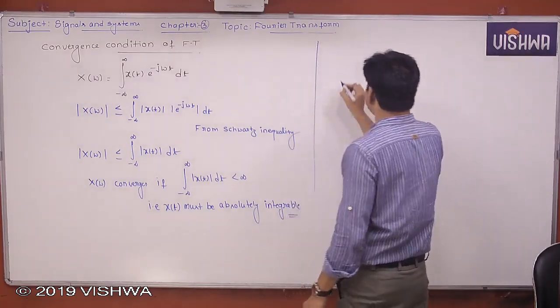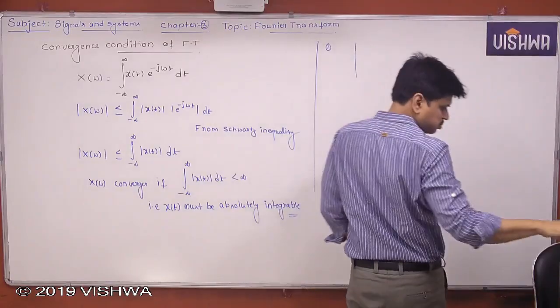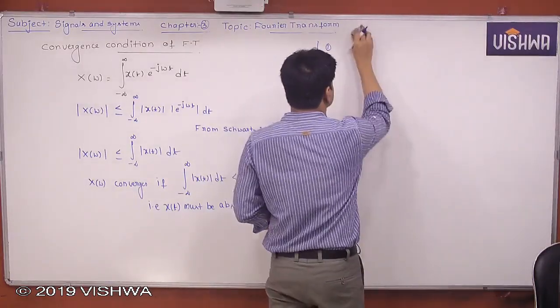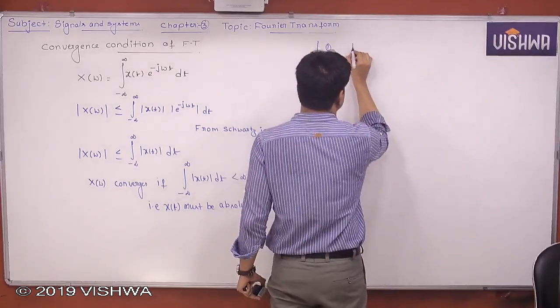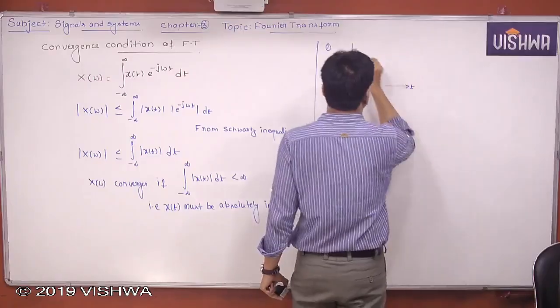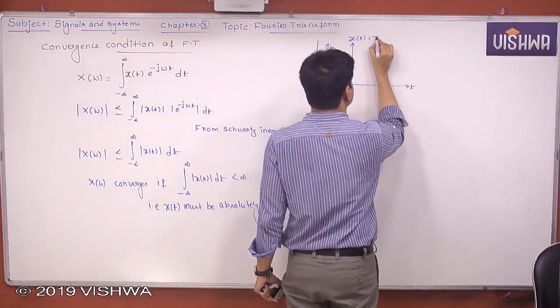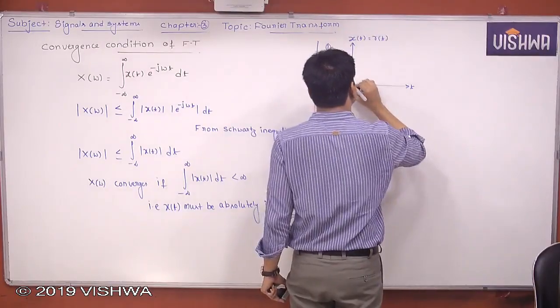Let's see. I will give you three kinds of signals so you can understand. Suppose the first signal is x of t equal to r of t, the ramp, which looks like this.